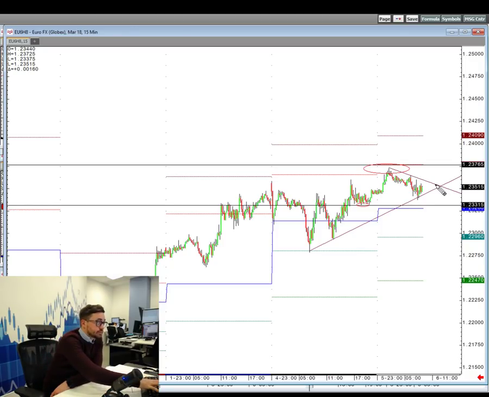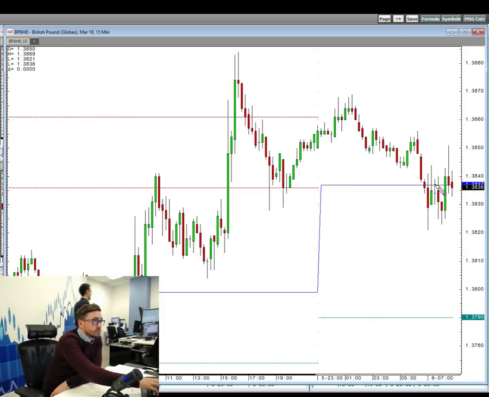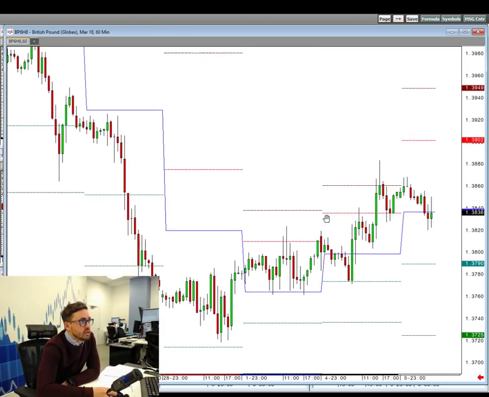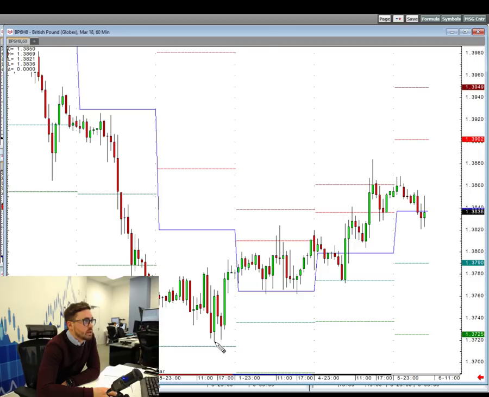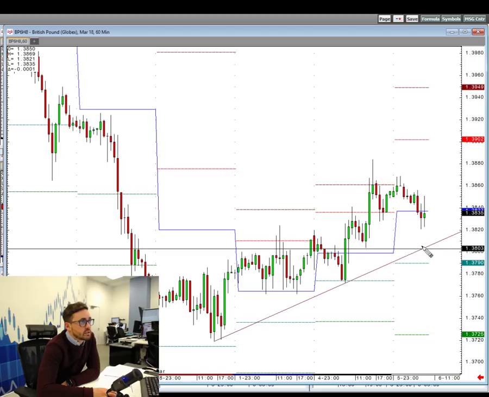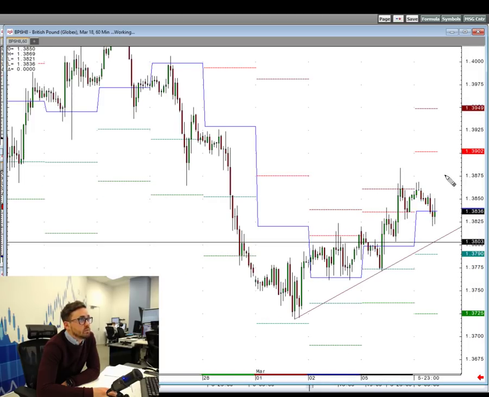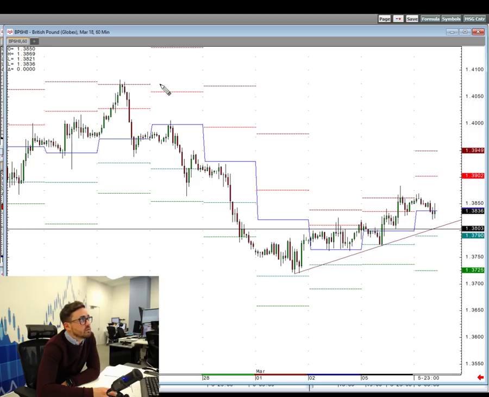Moving over to the pound, similar price action in the fact that the last few days we have been drifting higher, and again with that trend line probably going back down from the lows of March. I think it's definitely worth keeping an eye on that for any potential downside around 138. Also, where we found a bit of support yesterday around 2 o'clock could offer a good area for profit taking for any down move, or an area where people perhaps would want to get in to see this move go higher.